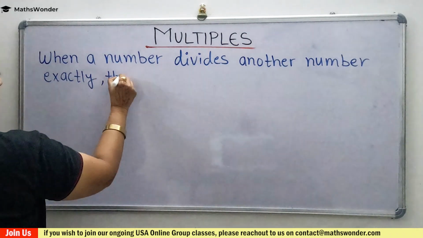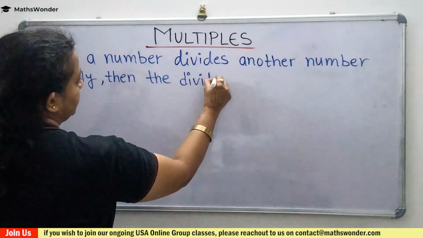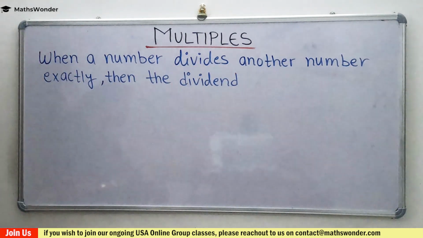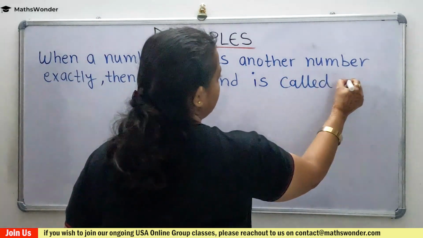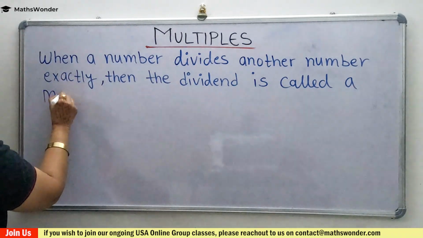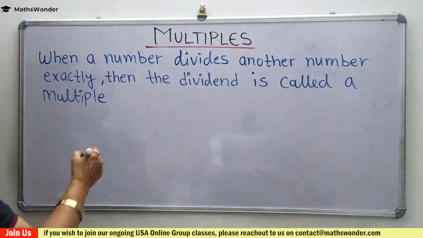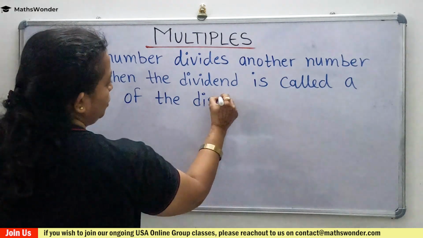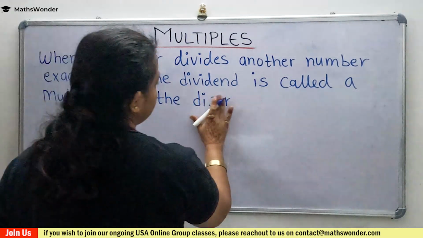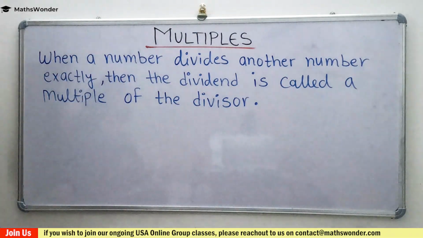Then the dividend is called a multiple of the divisor. As I explained already, right? Divisor means it's a factor, dividend means it's a multiple, right?